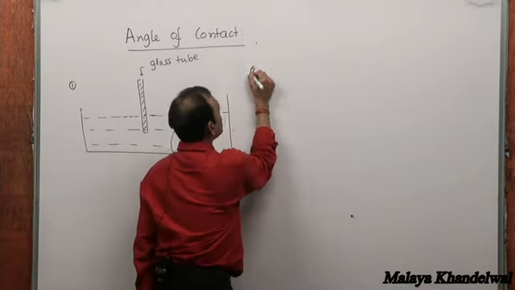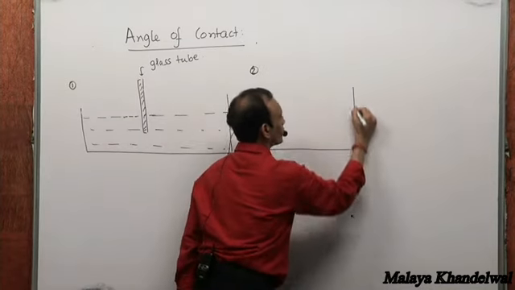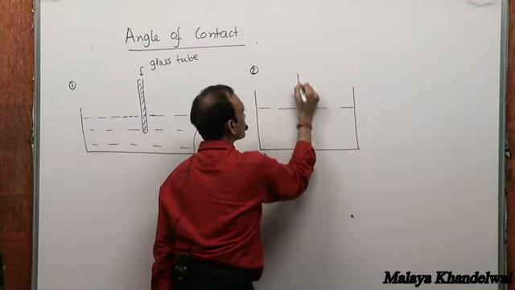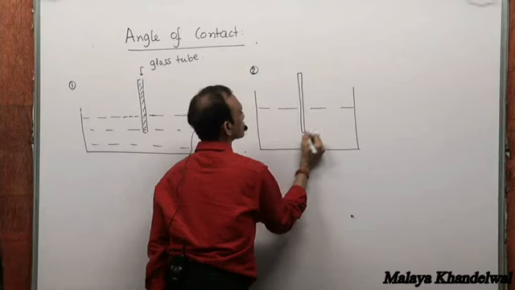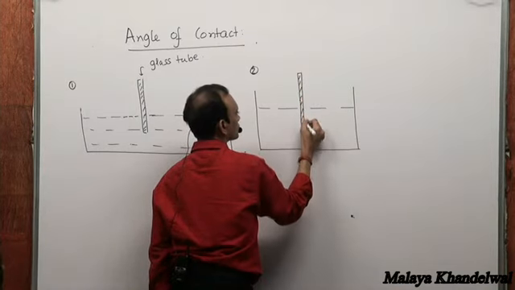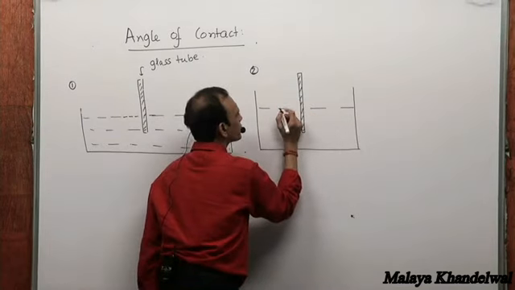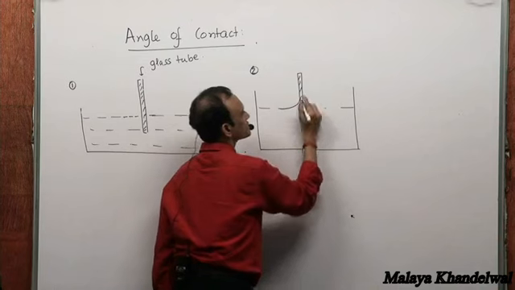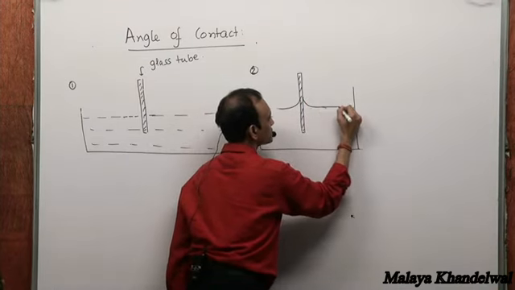The second possibility is that the liquid in the proximity becomes like this. The molecules then take up a shape like this.